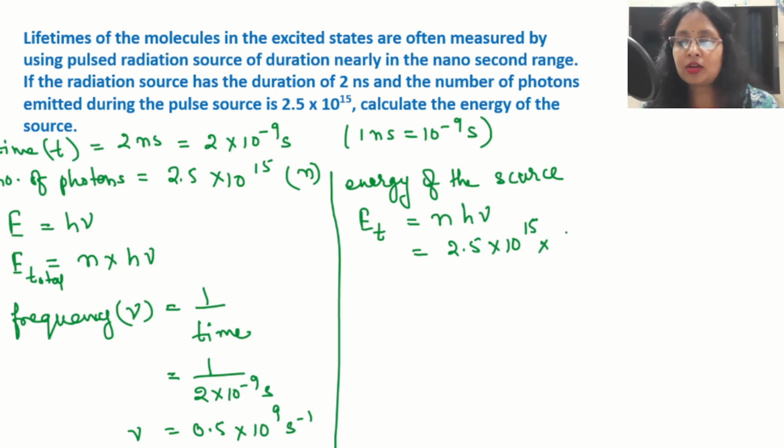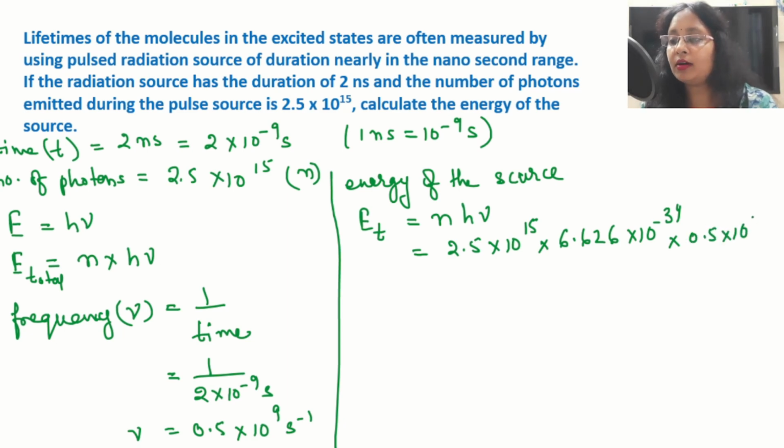H is a Planck's constant, 6.626 into 10 to the power minus 34 multiplied by frequency mu, and value is 0.5 into 10 to the power 9 per second. Now Planck's constant, its value is 6.626 into 10 to the power minus 34 joule second. Now start doing calculation. Second and per second will be cancelled.